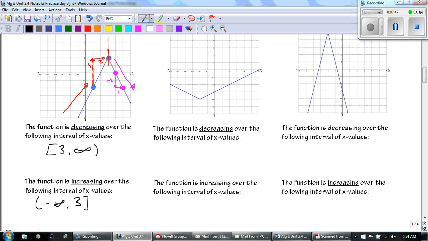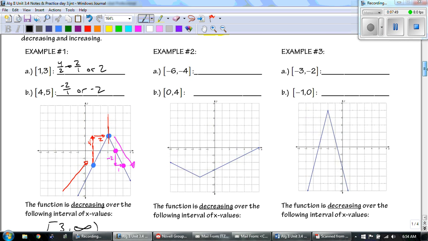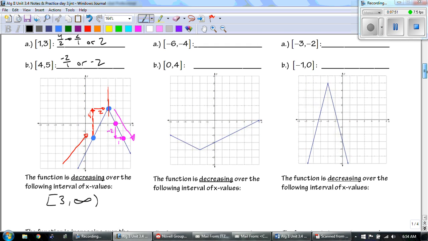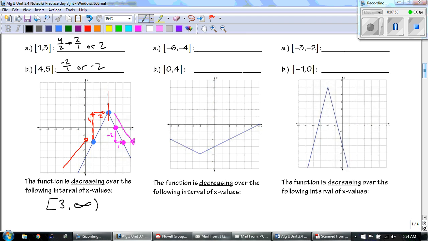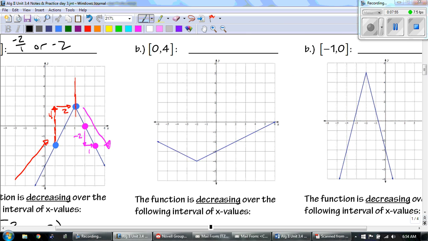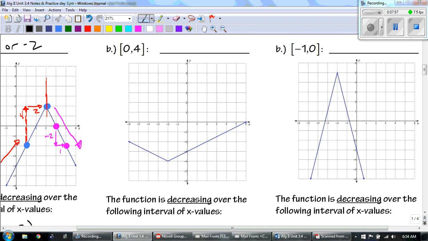All right, let's look at our next example from negative 6 to negative 4 and 0 to 4. So from negative 6 to negative 4, what's going on with our graph? Well, we are going down 1 to the right 2.